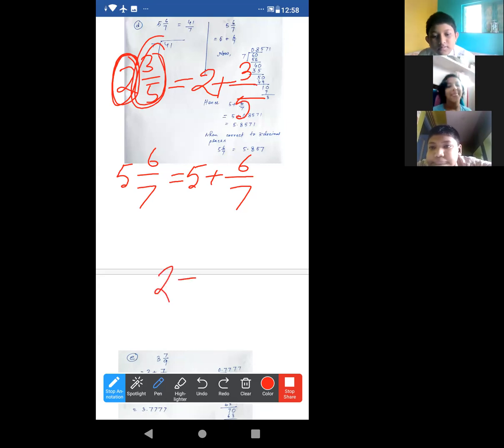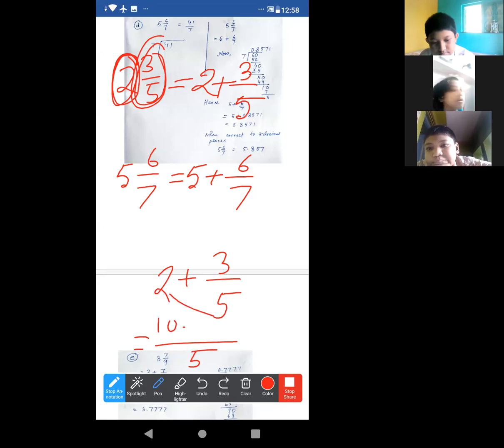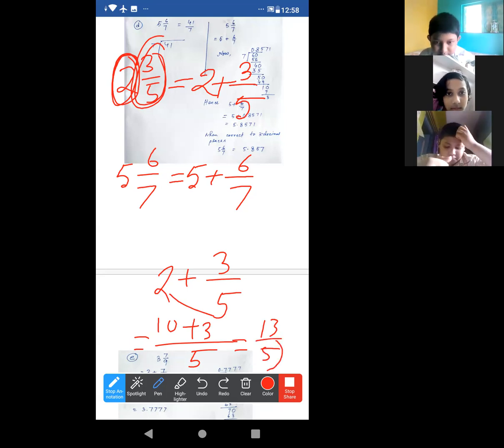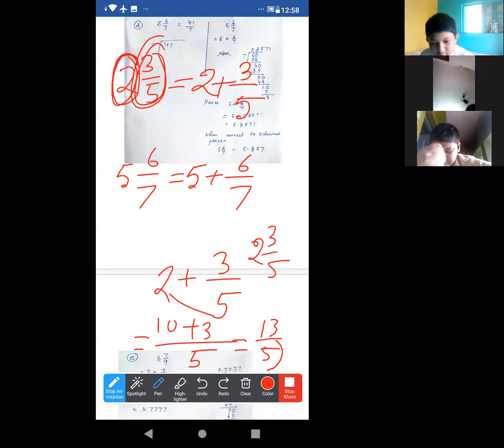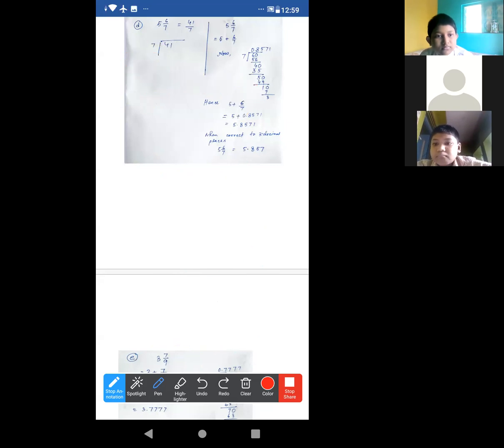If we add them, 2 plus 3 by 5, you can check. It will be over 5. So 5 2s are 10 plus 3, it is 13 by 5. Then if we convert it back, it will be 2 whole 3 by 5. Yes or no, Debolin? Debolin has not understood.